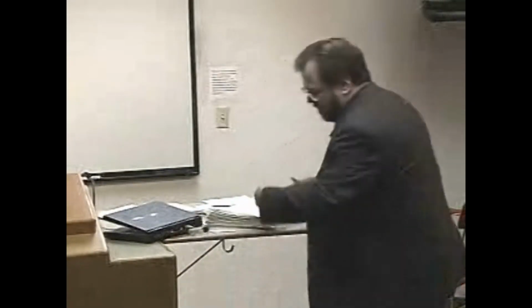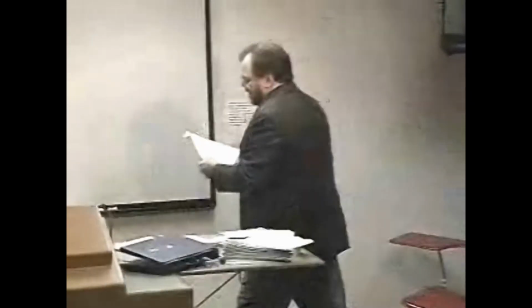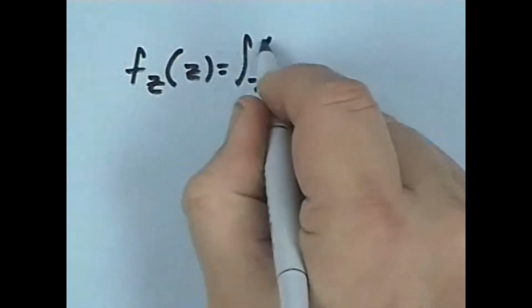Okay, so I'm going to have to ask if I could borrow this relationship. And for a quotient, here is the expression. I think we derived this in class, didn't we?